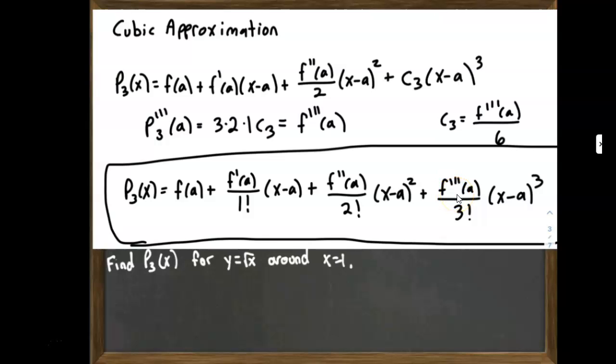And then we just need to figure out the third term, computing f triple prime of a, and then dividing by 3 factorial, which is 6, with our x minus a.